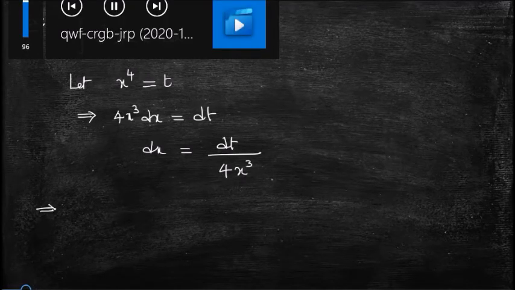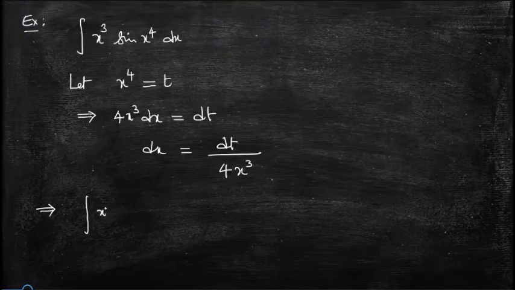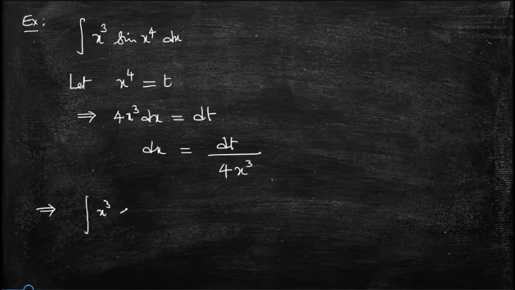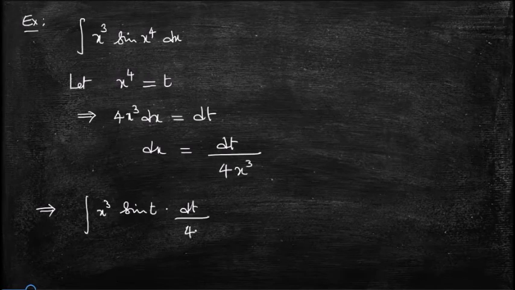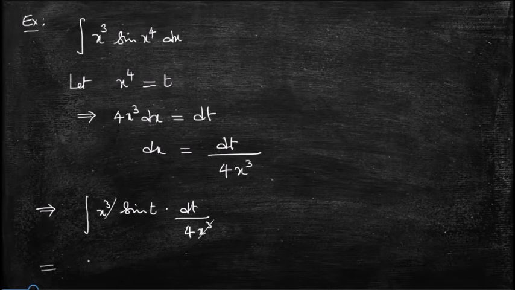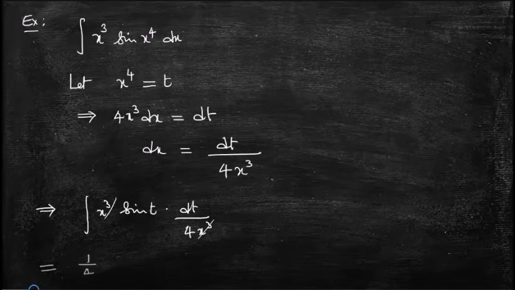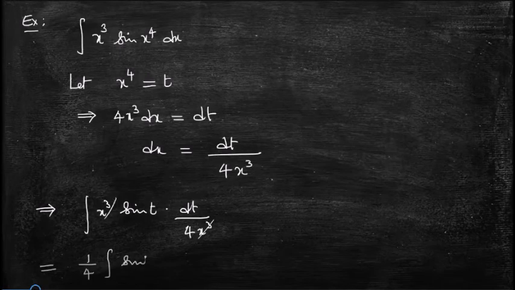So that implies, when you replace it, integration of x cube sine t into dt by 4x cube. So x cube gets cancelled. Now this is equal to 1 by 4, I can take outside, then sine t dt.